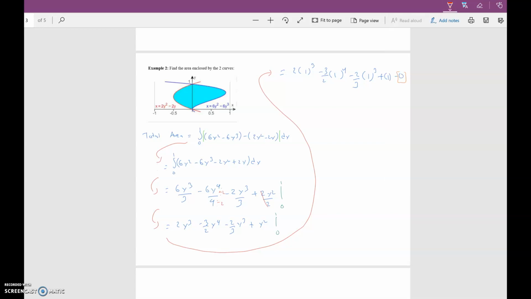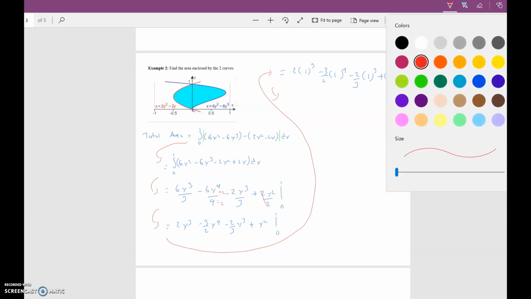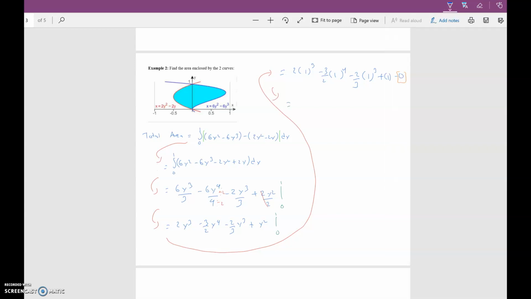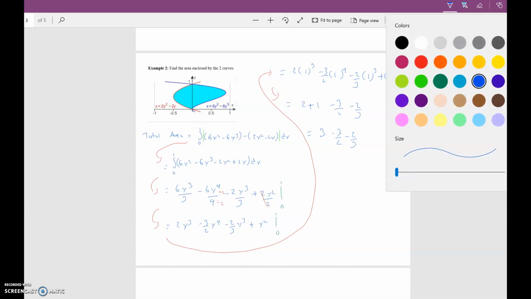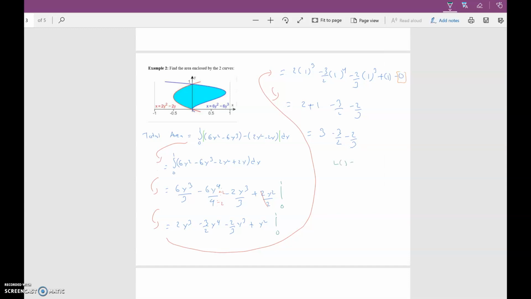So let me combine the integers and get an LCD. In this case, this is going to be simply 2 plus 1, that's supposed to be a plus 1, minus 3/2 minus 2/3, or the values of 3 minus 3/2 minus 2/3. So our LCD is actually going to be 6.